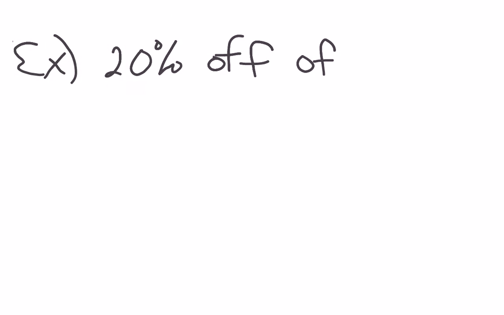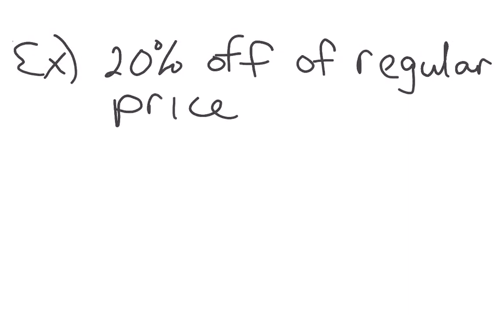When they ask for the sale price, this one ends up involving two steps. We have to figure out the amount they're taking off of the regular amount, and then subtract those two amounts so we know how much we're actually going to pay.